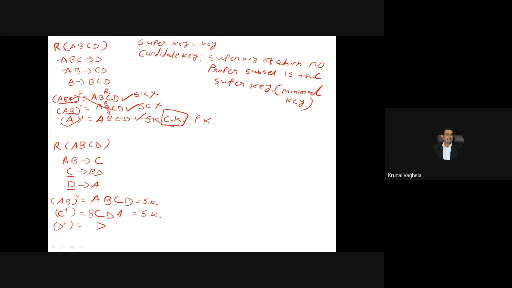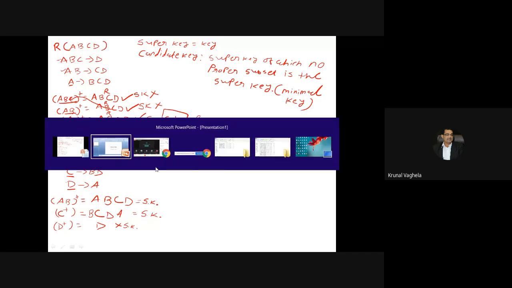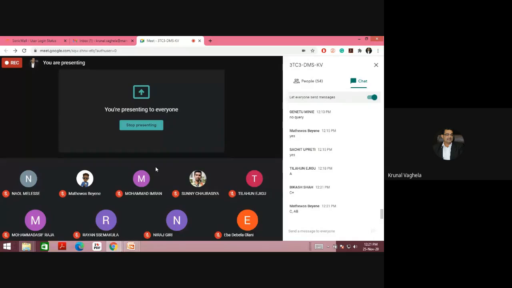So this is not a super key. So I have two super keys, AB and C. Both are super keys. Now can anyone tell me which is the candidate key, AB or C?